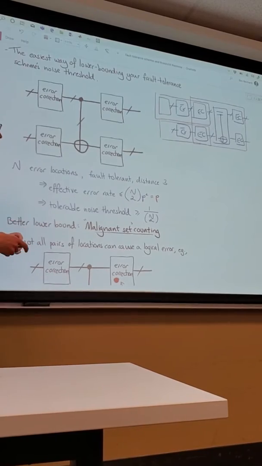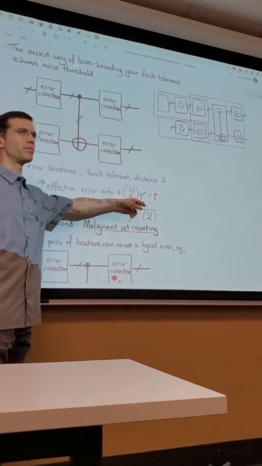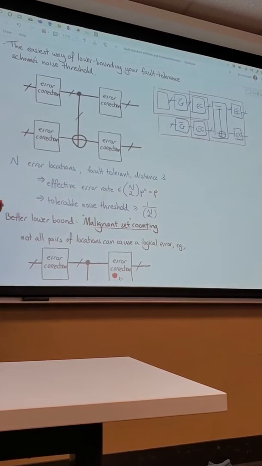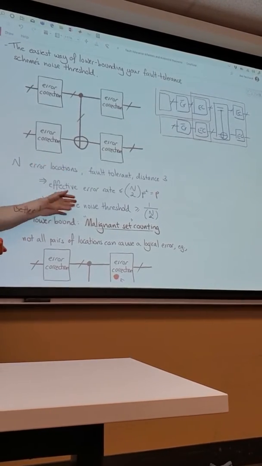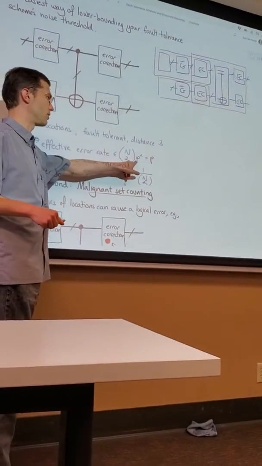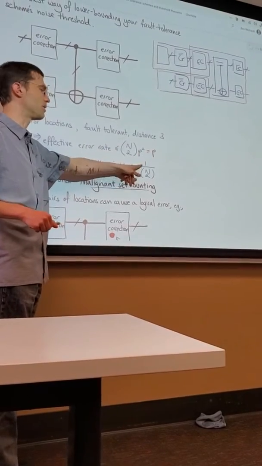Or if you have a distance d code, it'll be n choose (d+1)/2 times p to the (d+1)/2. Where p is the stochastic error rate. And this is totally rigorous. You can show that the tolerable noise threshold then is you just set this equal to p and solve for p, and so you get p equals 1 over n choose 2.